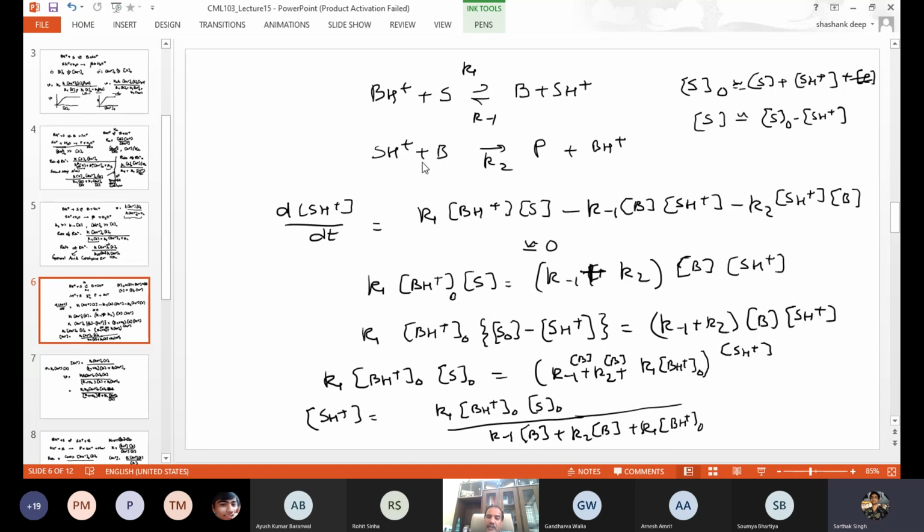So you see three different cases, and all these three cases have been observed in acid catalyzed organic reactions. The first case is general acid, the second is specific, and the third one is only BH plus. That is also known as general, but you need to keep in mind that it only depends on BH plus ion content.